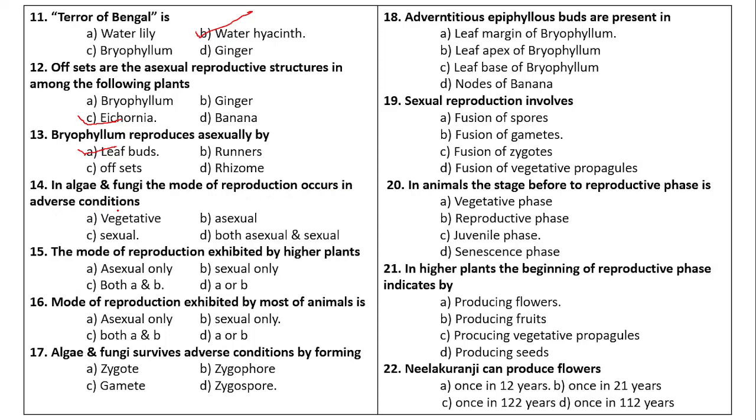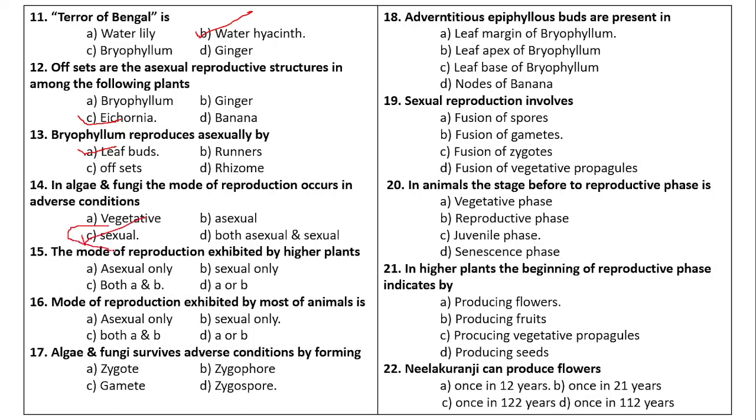Do remember, in algae and fungi, the mode of reproduction that occurs in adverse condition is option A, vegetative type, option B, asexual type, option C, sexual type, and option D, both asexual and sexual type. So here the answer is sexual type.